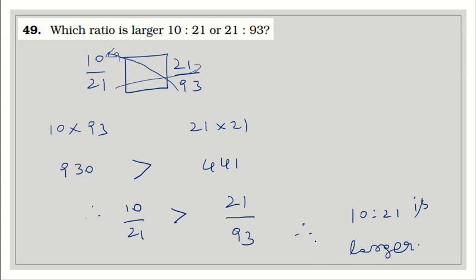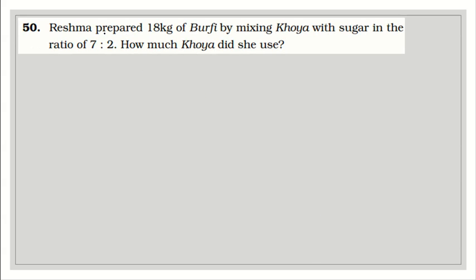Okay, we shall wind up this session by solving the last question, the 50th question. The 50th question is: Reshma prepared 18 kg of burfi by mixing koya with sugar in the ratio 7:2. How much koya did she use?